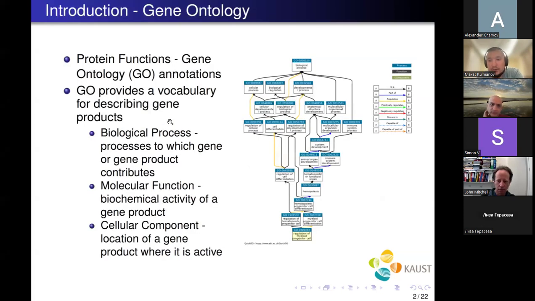First of all, I would like to introduce Gene Ontology and protein function prediction in general. When we say we predict protein functions, we actually mean we predict Gene Ontology annotations. Gene Ontology is a vocabulary, an ontology that describes protein functions.